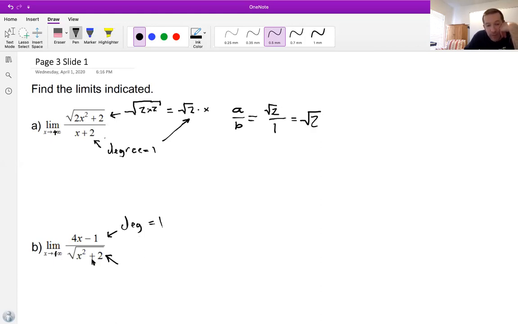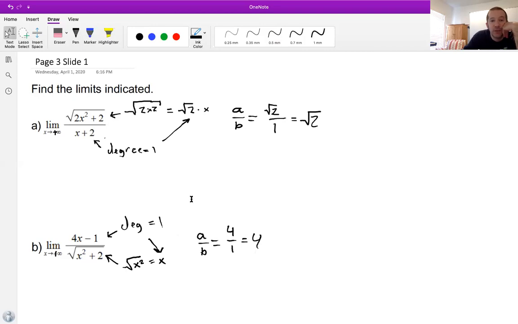What that means is the 2 becomes less and less important as x gets bigger and bigger. So this thing approaches root x squared, which we know is equal to x. So the degree of this is also 1. Just like up here, when the degrees are equal, the limit is equal to a over b, which in this case is 4 over 1, which is equal to 4.